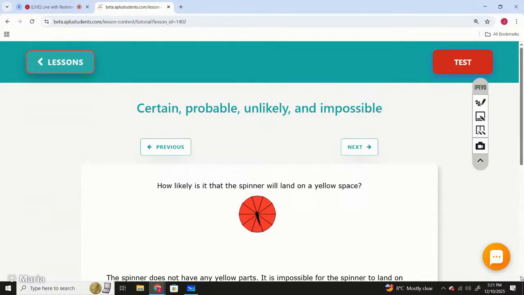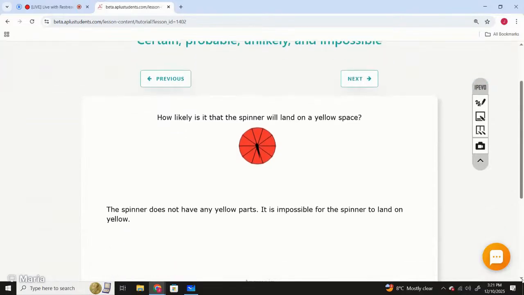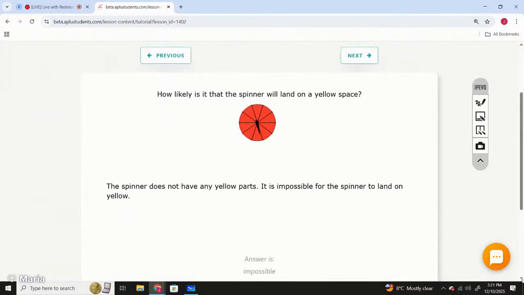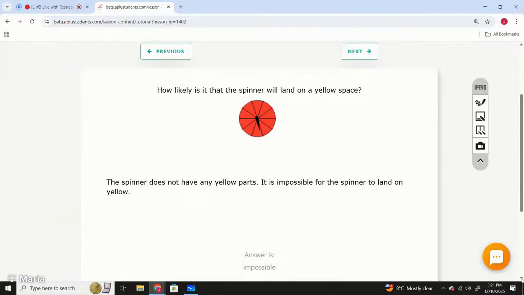How likely is it that the spinner will land on a yellow space? The spinner does not have any yellow parts.